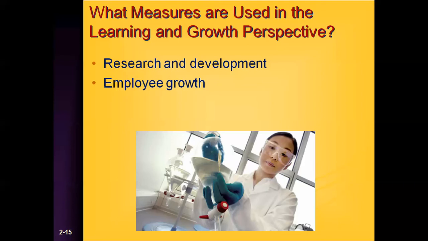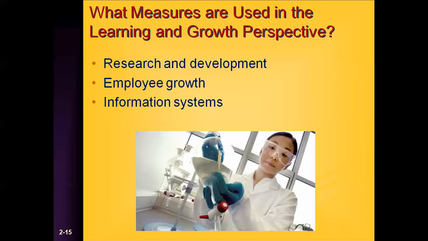A second area is employee growth. How much is the company investing in the training and continuing education of its employees? It's a good measure of learning and growth. And then the last is information systems.